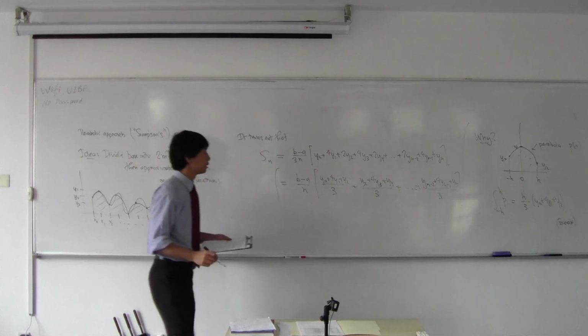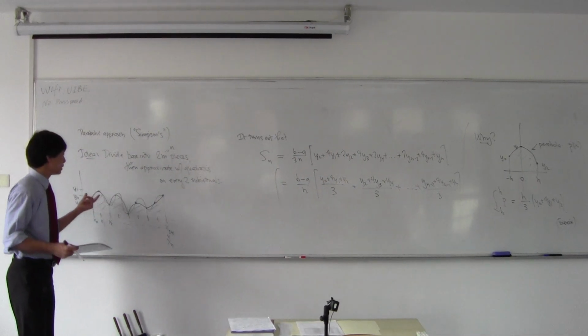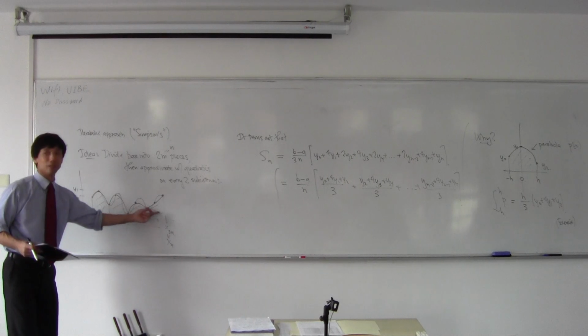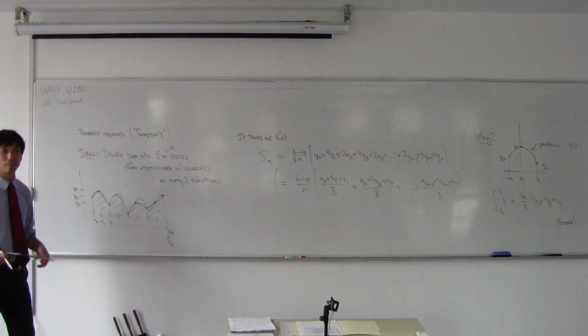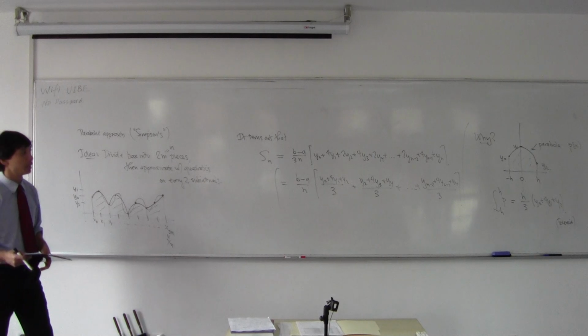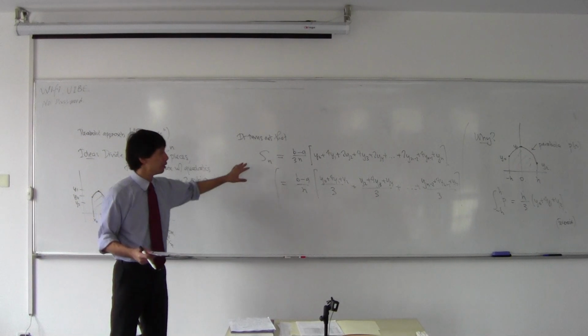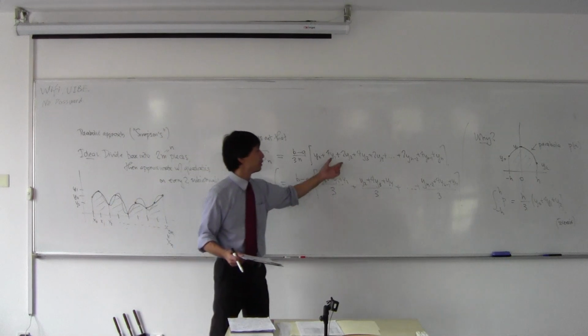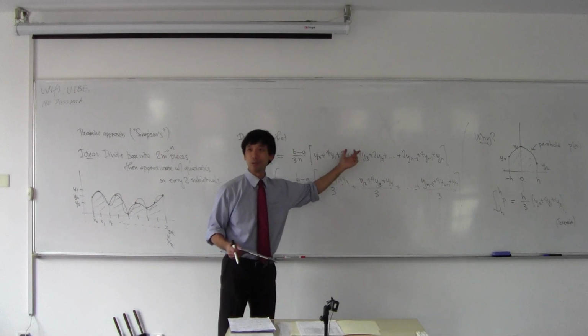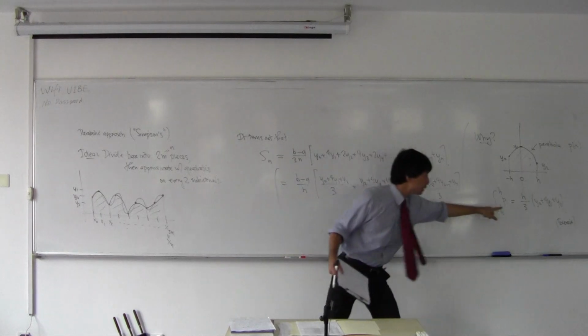In other words, it's just the sum of these areas, just to give you some sense of how this formula turns up. What is this 1, 4, 2, 4, 2, 4, 2, 4, 2, 4? It's because of this.